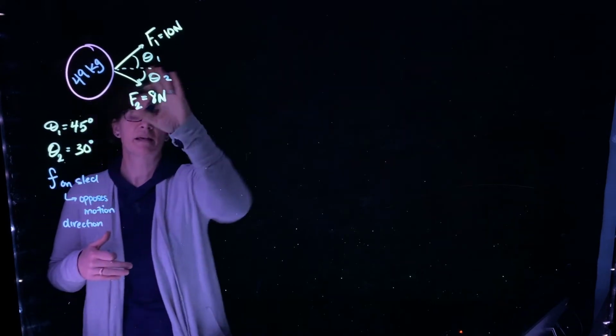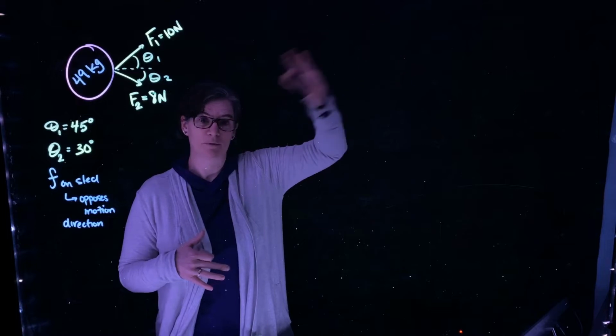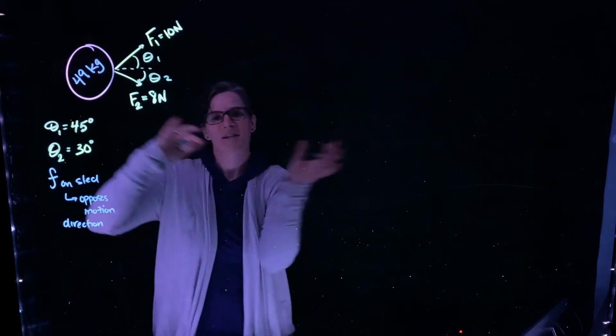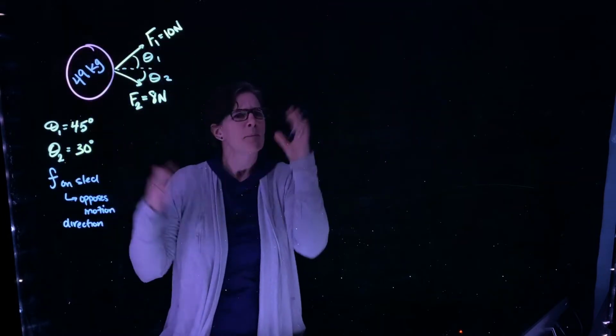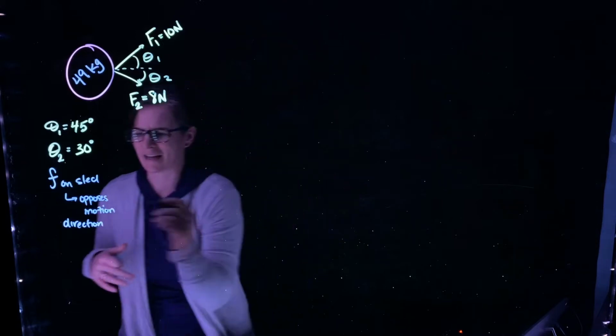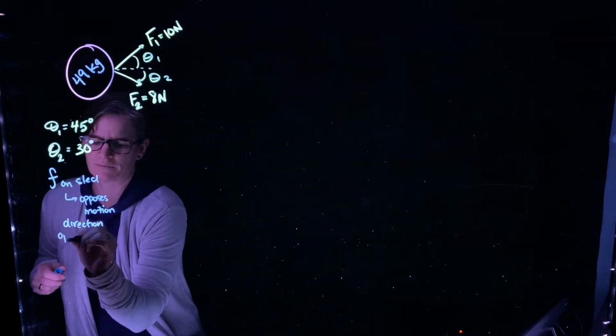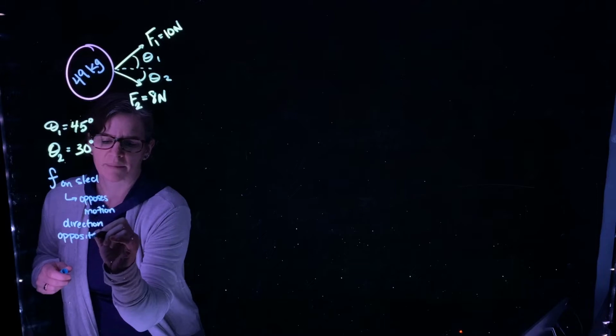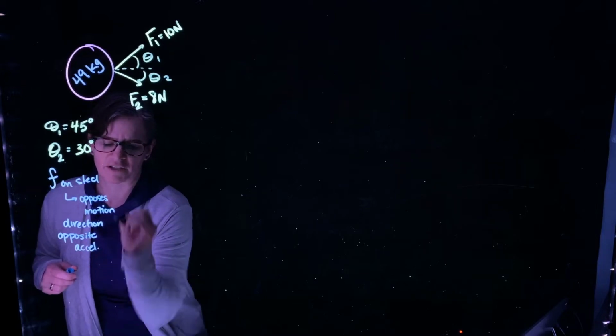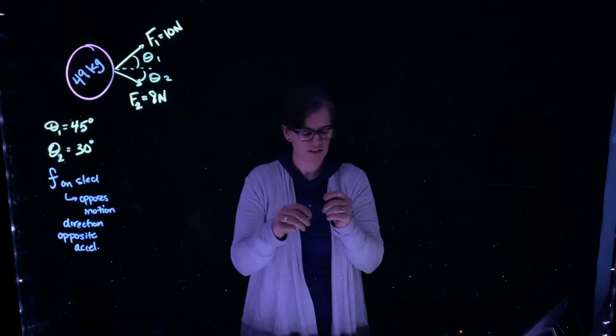If the sled is moving off in the right-ish world, it's going to be somewhere in the left-ish world. But what angle that's acting on, we don't exactly know. So the direction is opposite the acceleration of the sled. The sled is going to start from rest.